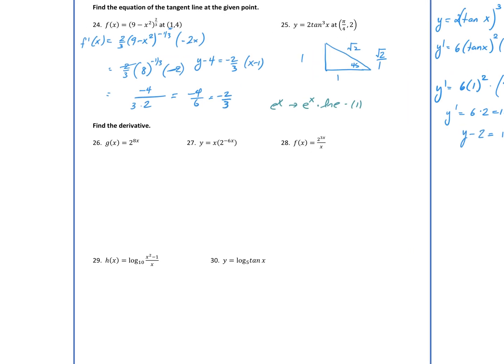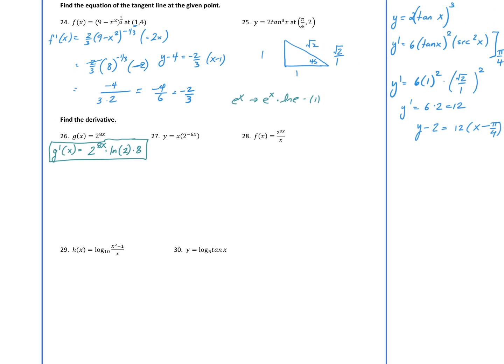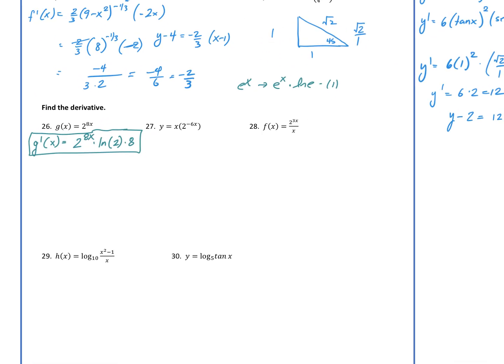So for something like this, we've got g prime of x. There's not much you can do once you write it down. You don't really simplify these much. You rewrite it, times ln of the base, times the derivative of the top. And that's all you can do. So don't even try to combine it.